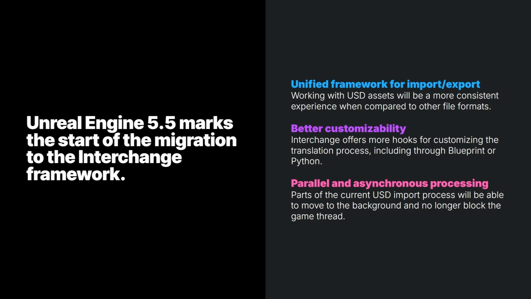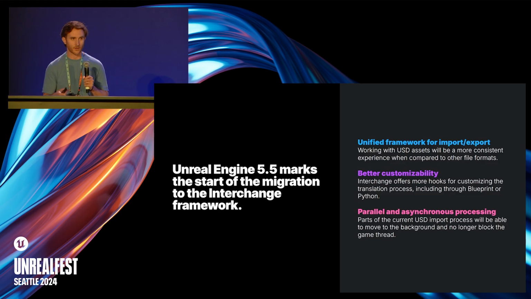And interchange offers better customizability for the import process, so you can even use Python or Blueprint to customize the process in addition to C++. And interchange was designed with parallelism and asynchronicity in mind, so we should be able to start taking advantage of that for USD in 5.5 and then take even greater advantage of it in subsequent releases.